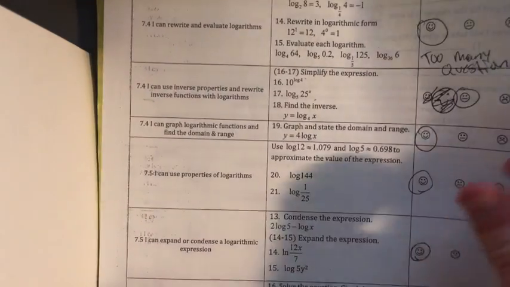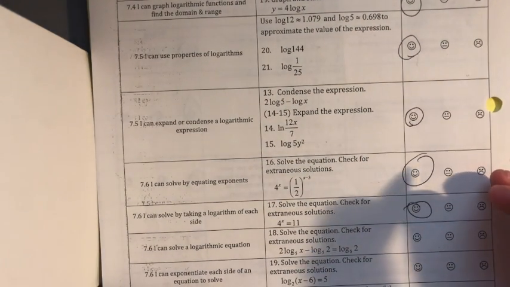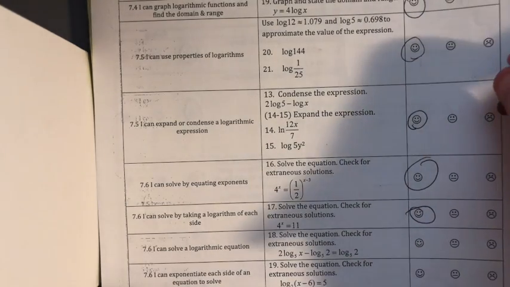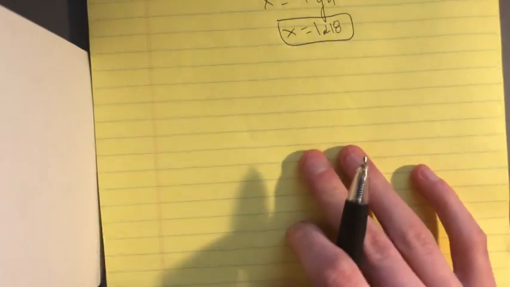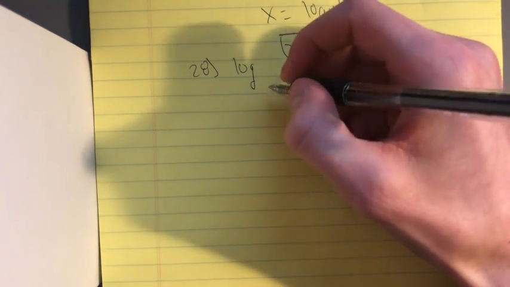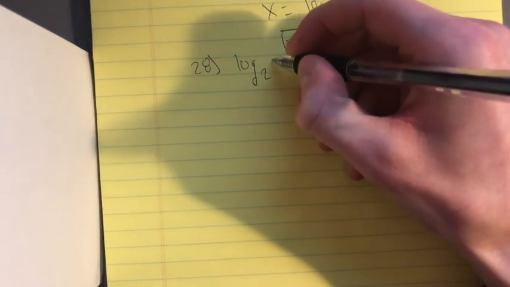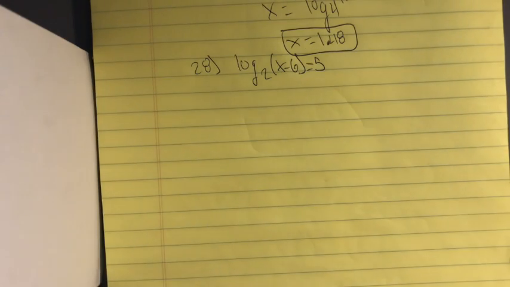Okay. Now we're on to 18. Solve the equation, check for extraneous solutions by using logarithmic equations. So what we do here is we've got log base 2 of x minus 6 equals 5.